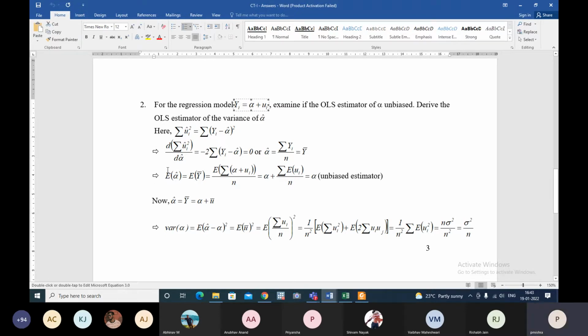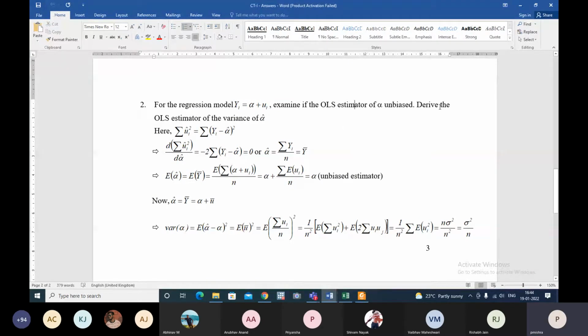Then expectation of alpha hat is equal to expectation of y bar. That means expectation of summation of alpha plus ui divided by n. In the process, you are basically getting alpha because expectation of ui is equal to 0 by assumption. So alpha hat is an unbiased estimator of alpha. That was the first part of the question.